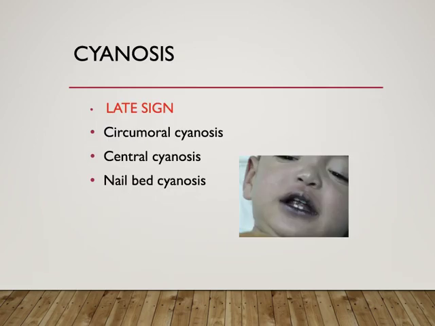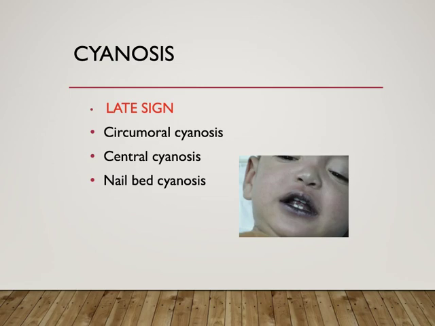Cyanosis, or bluing of the skin and mucous membranes, is caused by desaturated hemoglobin. Cyanosis is a late sign of hypoxia. So highlight that, star it, circle it, whatever you have to do. Remember that cyanosis is a late sign.